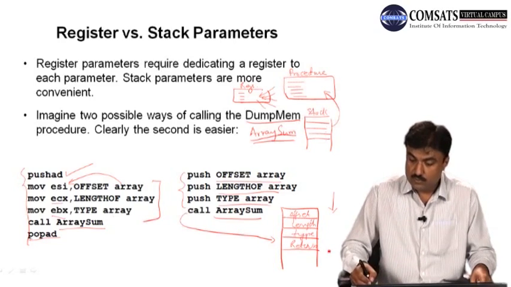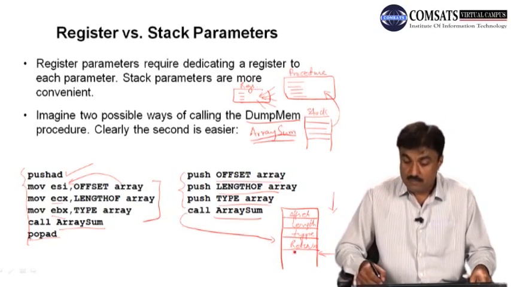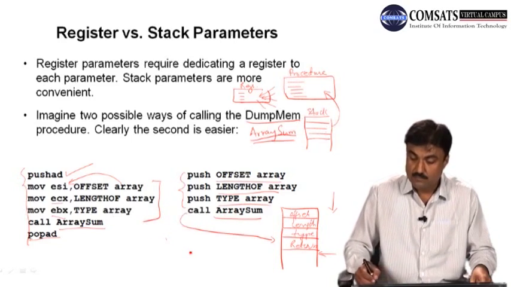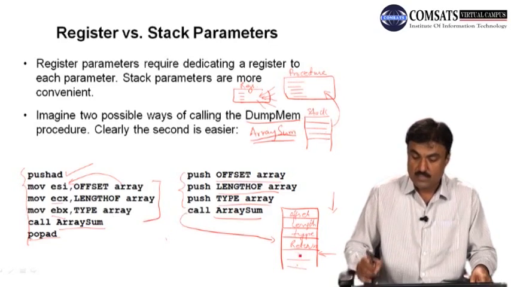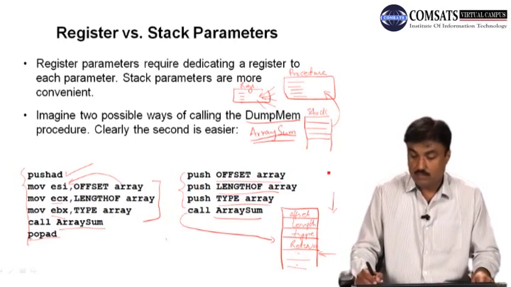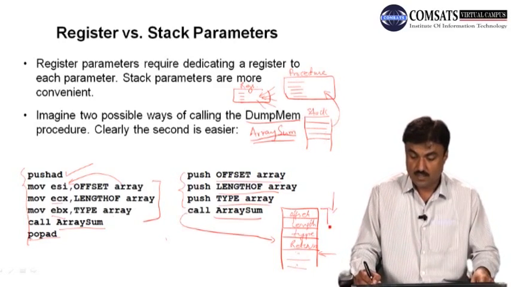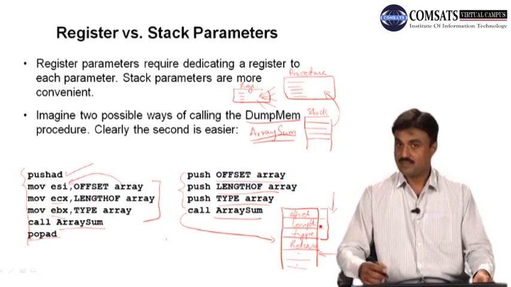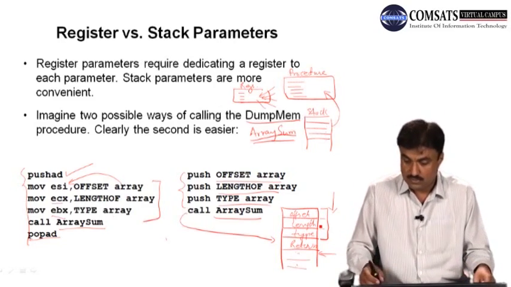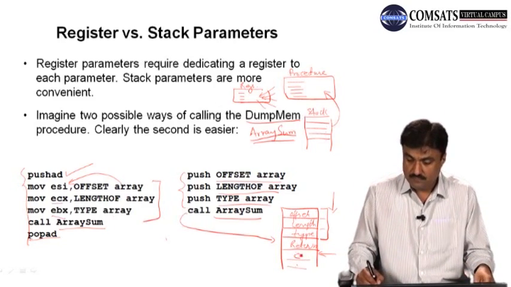So now it will push the return address, and then inside this array sum procedure, maybe there are some other push and pop operations, and so on. However, we are passing these three values, and we want to use them. There should be an efficient method to access them. So what we do is we use EBP.